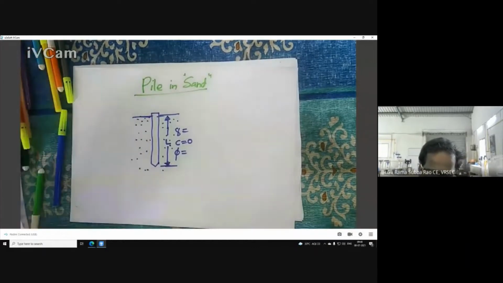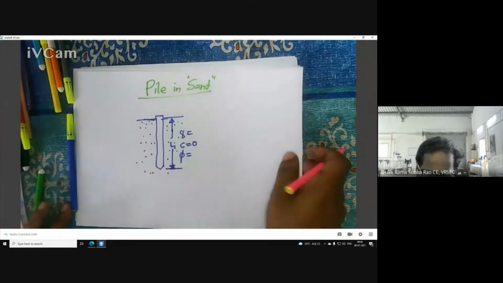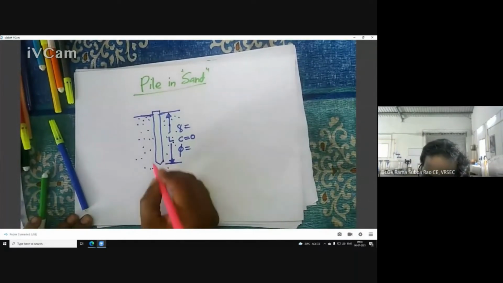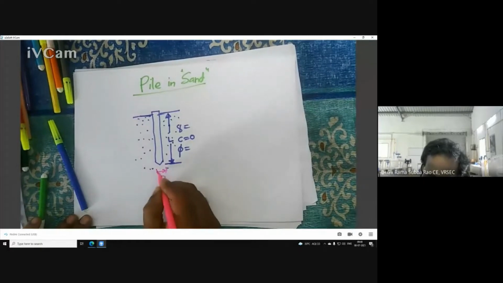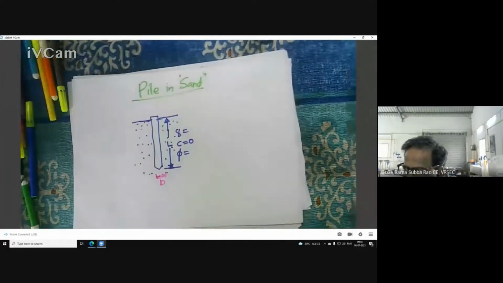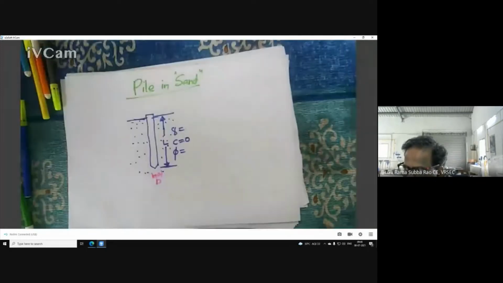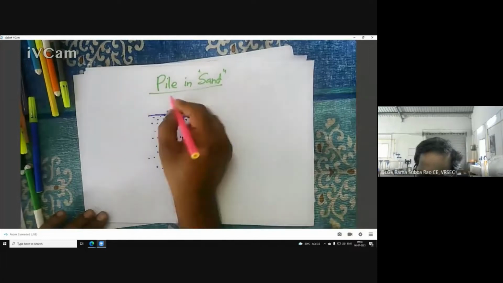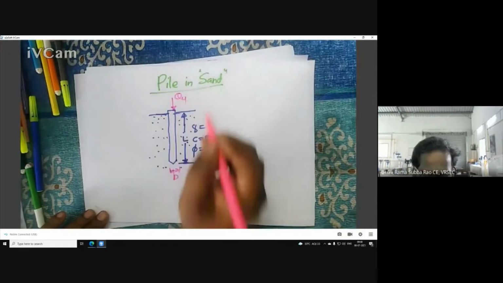Let me tell you. So anyhow, here you see, this may be the diameter for your convenience. So the discussion is pile in sand. Now we need to calculate the ultimate load carrying capacity QU.